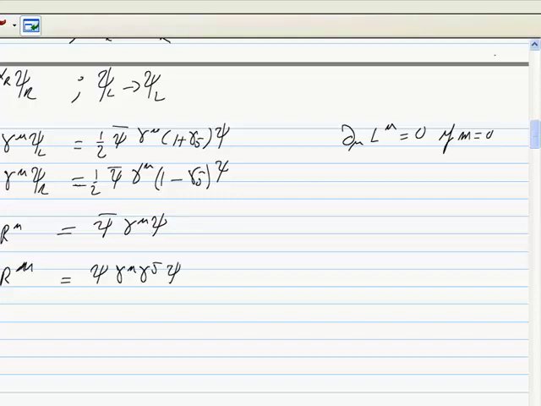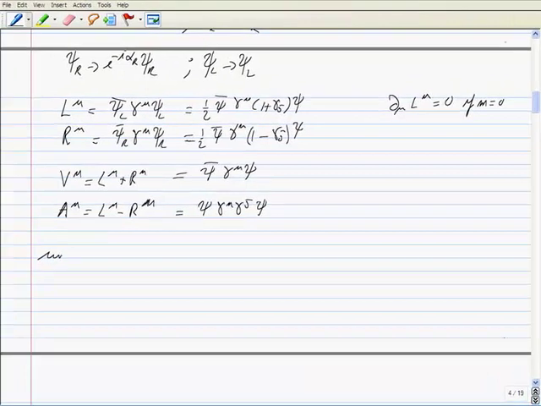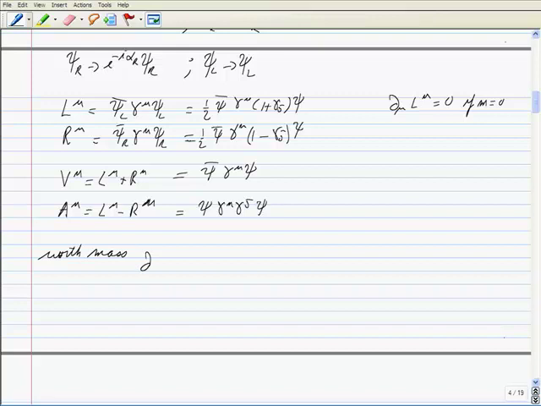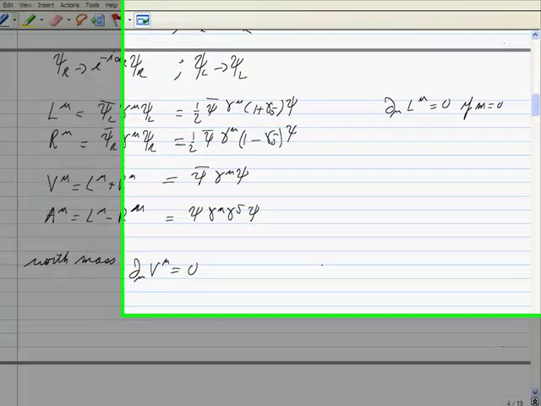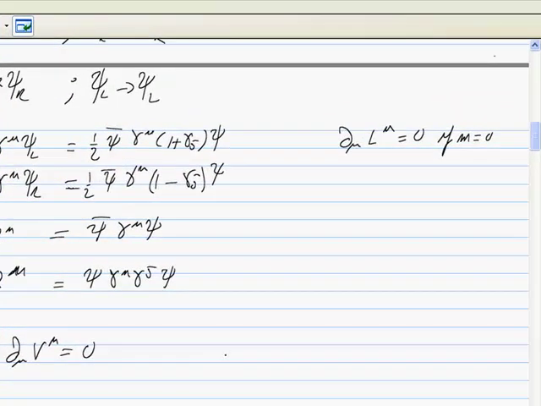And with a mass, we still have d mu V mu equals 0 because there's still one invariance.